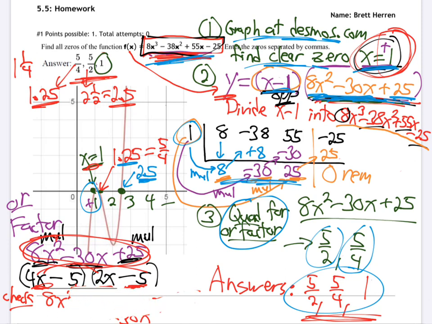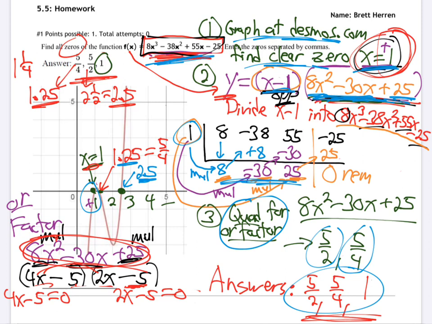So now, okay, I've got it factored, but how does that give me my two answers? Well, remember, these are zeros. We're finding zeros. So you would have to set each of these equal to 0, because we're saying, where does this thing equal 0? What are the zeros?